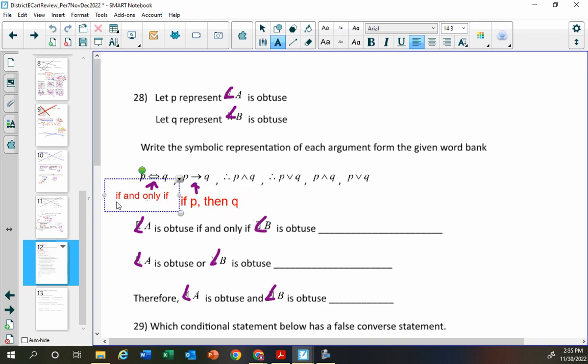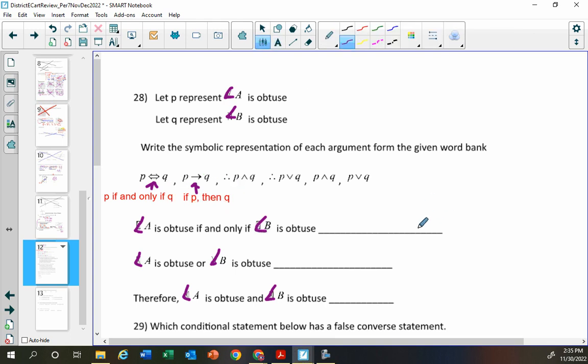So I should have said here, arrow that goes both ways means P, if and only if Q. Because all you're doing is translating one of these. Now, other things I want to talk about. You see this three-dot symbol?